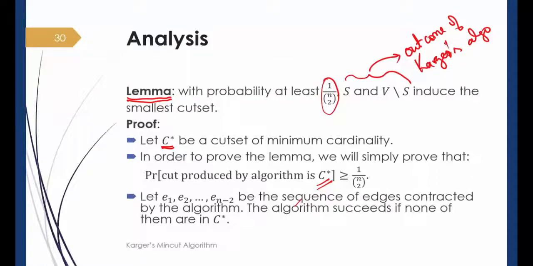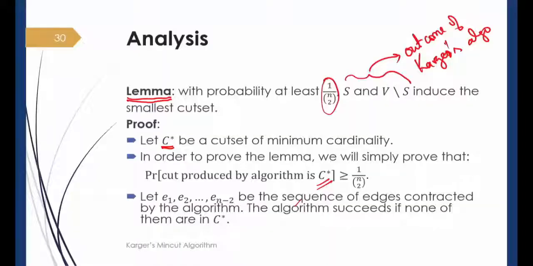Towards that, let's look at the execution of Karger's mincut algorithm. In each step, one of the edges was picked and contracted. Let's call these edges E1, E2 and so on up to En minus 2. Of course, we only contract n minus 2 edges, because at that time we would be left with just 2 vertices, and therefore we would stop. What is the probability that the algorithm succeeds?